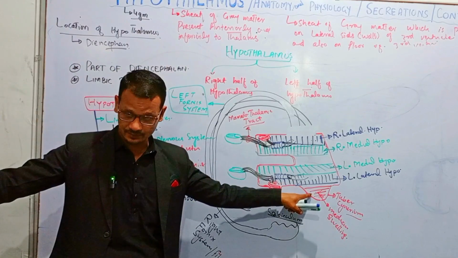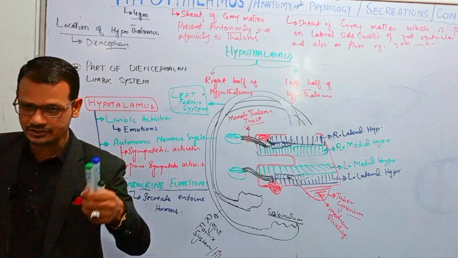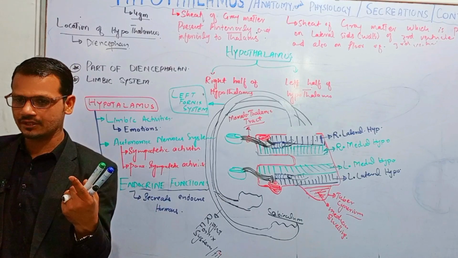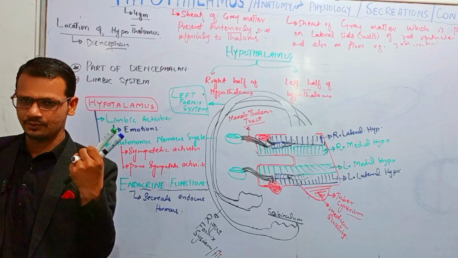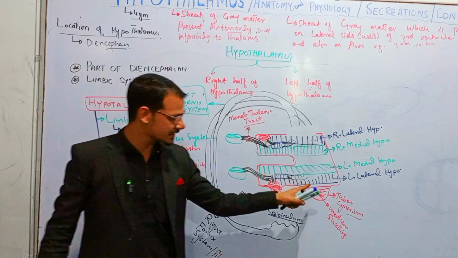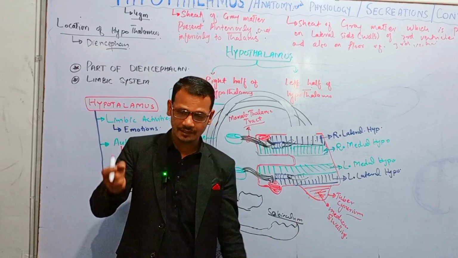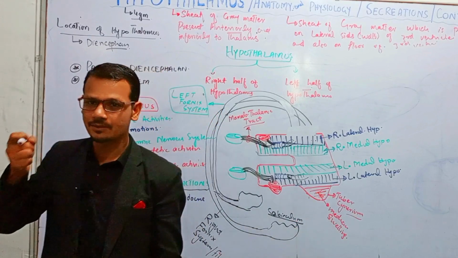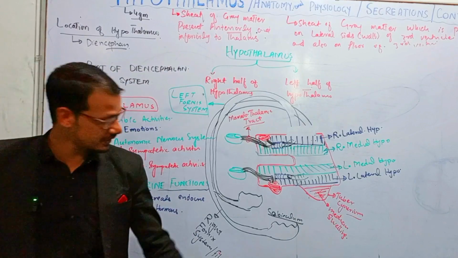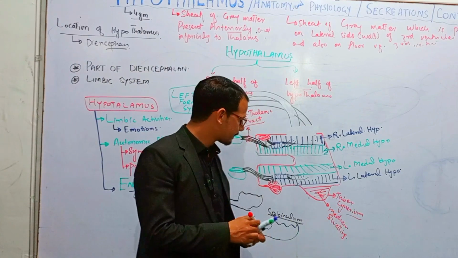All the blood supply passes through here, and all the secretions from the nuclei, like the arcuate nuclei, which have a lot of secretions in the hypothalamus, which is a very important nucleus of the hypothalamus. All the secretions are first released here, and from here they get into the blood and supply the anterior or posterior pituitary gland, right? So this is a very important part of the hypothalamus, right?